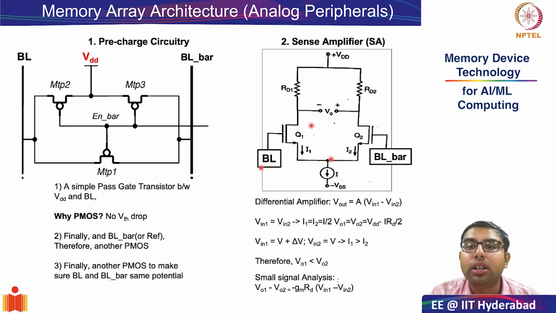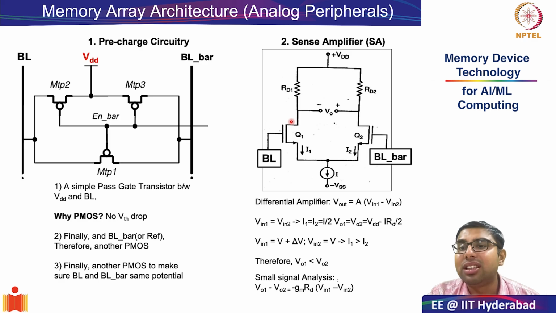It is very clear that if Vin1 becomes slightly more than Vin2, the VGS of Q1 will be more than that of Q2. As a result, no longer will I1 be equal to I2. In fact, the drive strength of Q1 will be more, so I1 will be greater than I2. Current on the left branch will be more than that of the right branch.